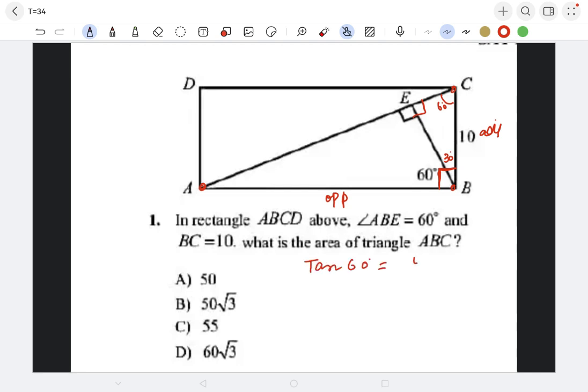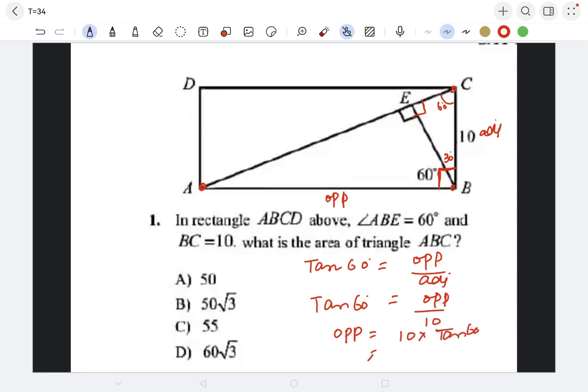tan 60 degrees equals opposite over adjacent. So tan 60 degrees equals opposite over 10. Now you can check what your opposite is equal to. That is 10 multiplied by tan 60.